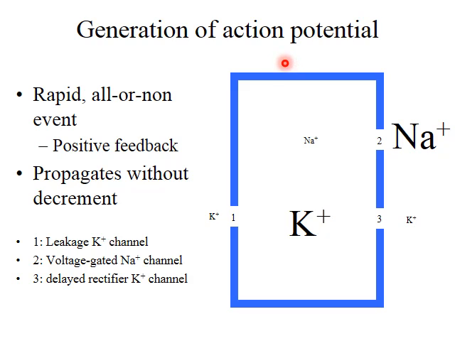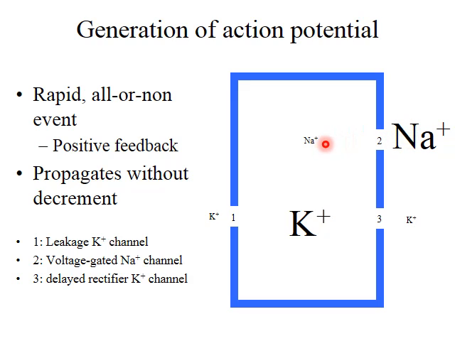In that case, sodium ions would flow in through the synaptic ligand-gated channel and again depolarize the cell. In either case, if we depolarize the cell, the first thing that happens is that a few of the voltage-gated sodium channels would open.